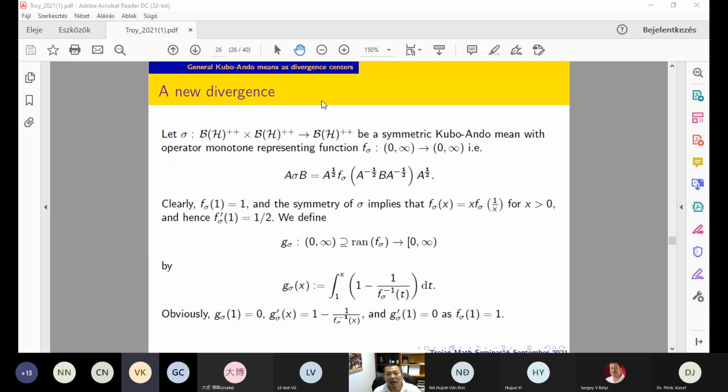No, I'm sorry. I have a question. Sorry, I didn't follow clearly at the beginning of the presentation, but I understand that there are always unique solutions of the least square problem, the least square sum of n positive matrices, for symmetric Kubo-Ando means.